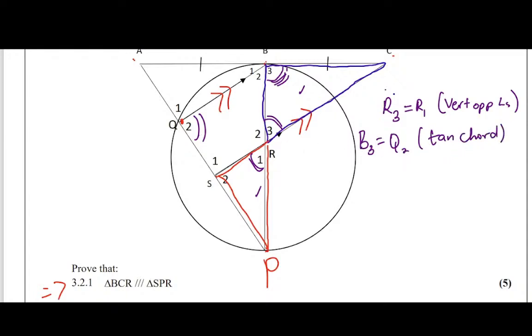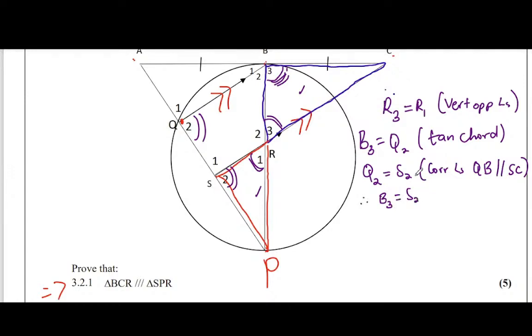But we know that QB and SC are parallel, which means this Q2 must be the same as this S2. Reason: those are corresponding angles because QB is parallel to SC. And if that is true, then our B3 is the same as S2.